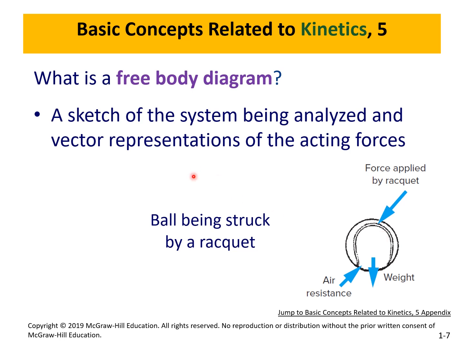So a free body diagram is a sketch of the system being analyzed and a vector representation of the acting forces. So if this is a ball, you have the applied force by the racket. If it's a tennis ball, you have air resistance and you have the weight of the ball. You'll do all of those. Now, forces in the human body: which part of our body do we most need to know the forces on?